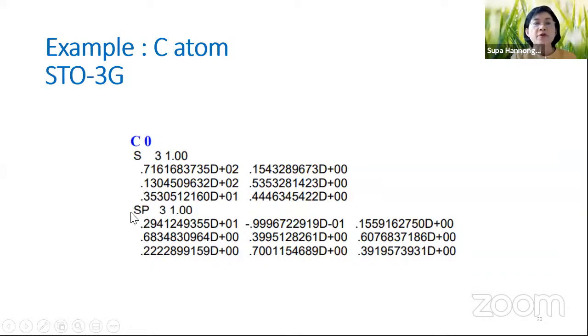And for the second shell, you have 2s and 2p. You also have 3 Gaussian types. Okay, so these are examples of the STO-3G basis set.